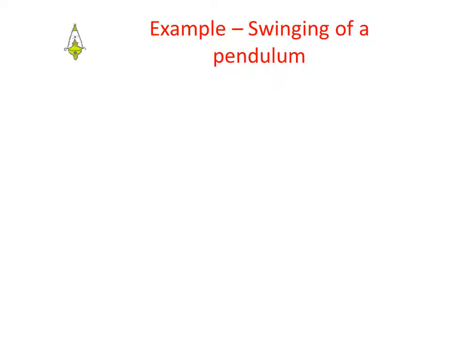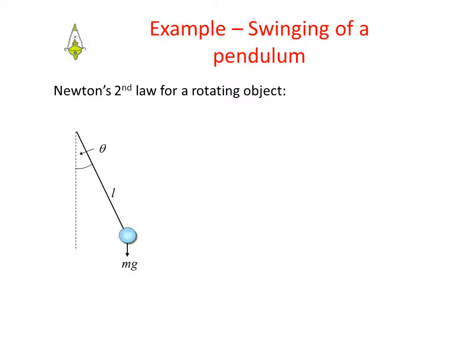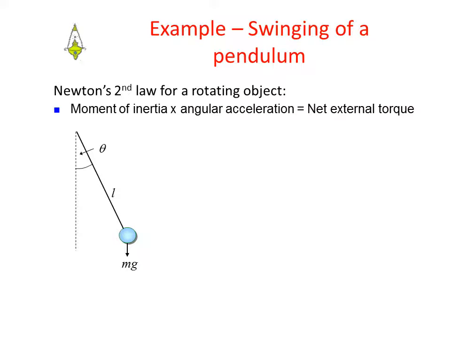Next example, swinging of a pendulum. Newton's second law for a rotating object. If we have an object of mass m with weight mg hanging on a string of length L, and if this string makes an angle theta, then according to the equation, moment of inertia multiplied by angular acceleration gives you the net external torque.